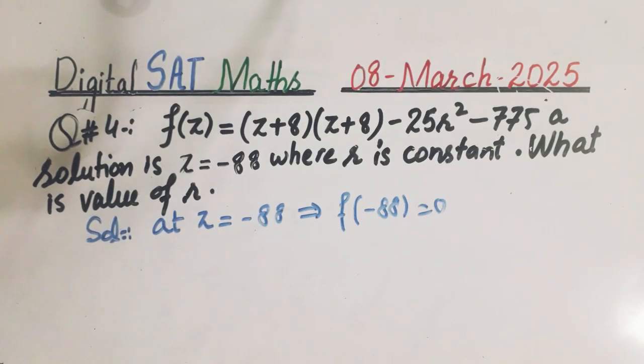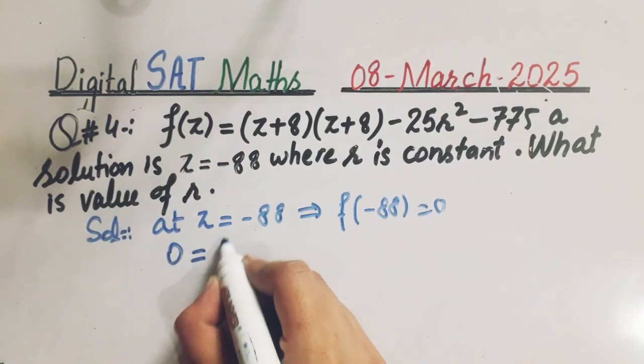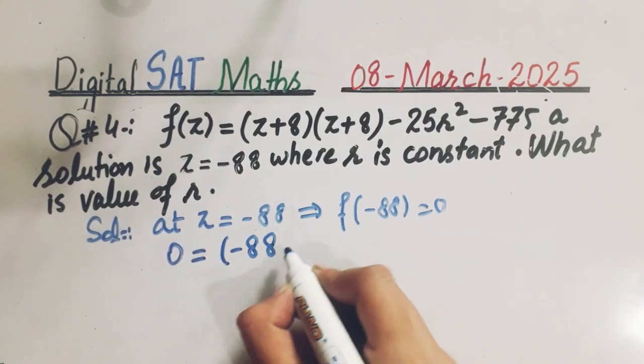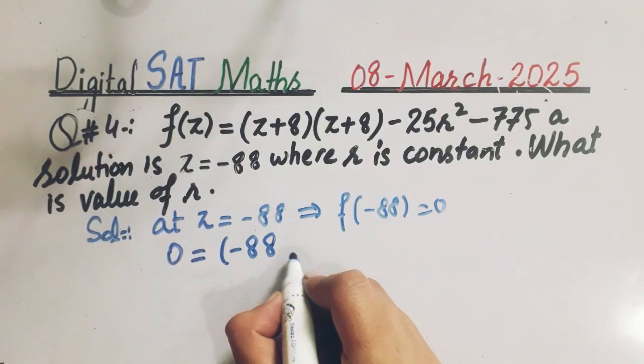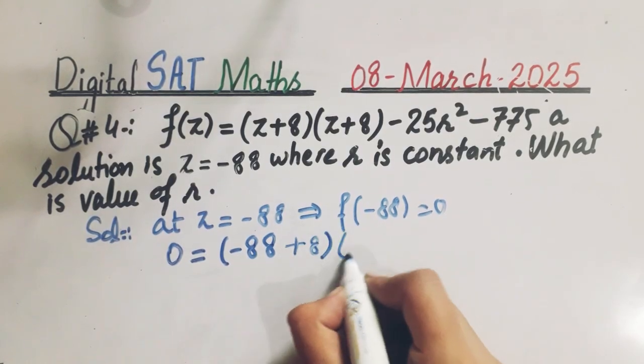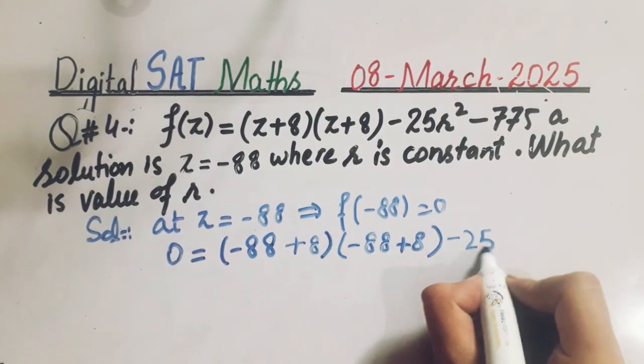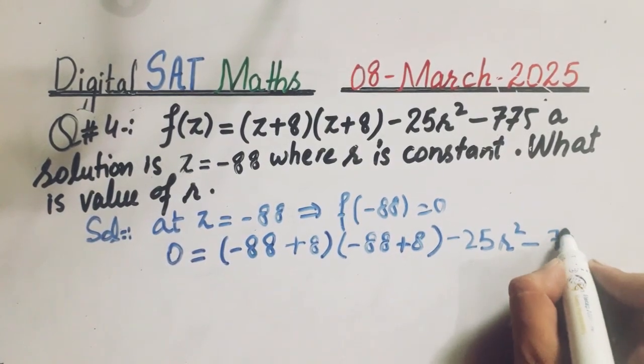So we will solve this further as 0 equals minus 88 plus 8 into minus 88 plus 8 minus 25 r square minus 775.